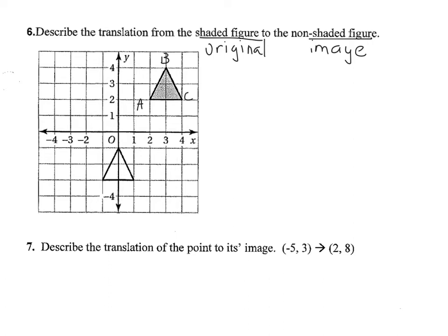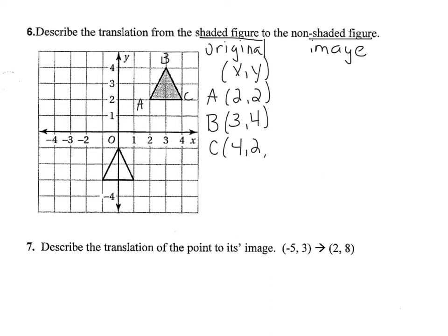And I'm also going to write what the original ordered pair is for each vertex. So the ordered pair for A is 2, 2. For B is 3, 4. And for C is 4, 2. Remember, the x value goes first, the y value goes second.